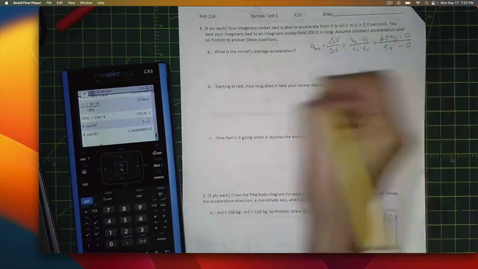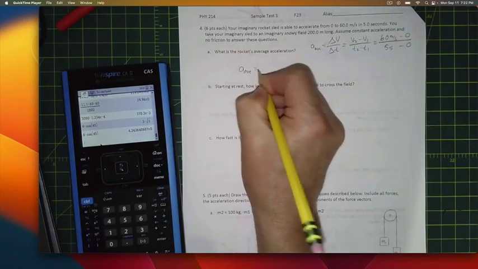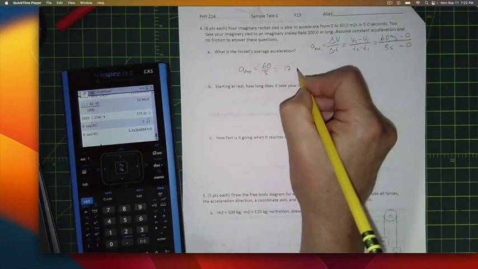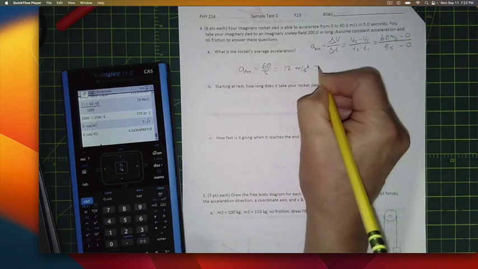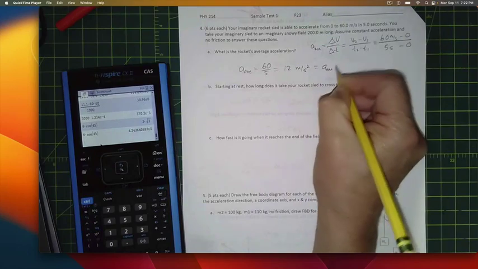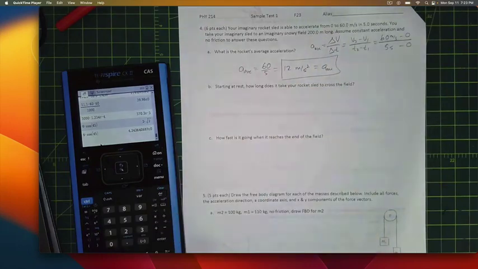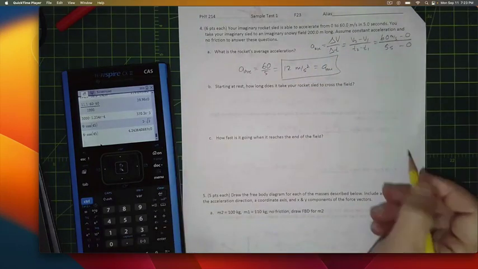So 60 over 5. So a average is 60 over 5, which is 12 meters per second squared. Just checking significant digits, it looks like we have 2, so 12 is good. All right.